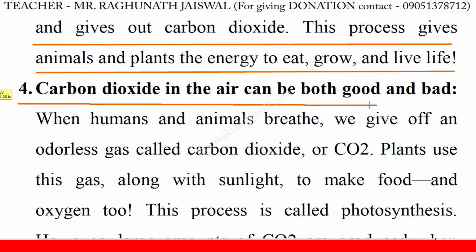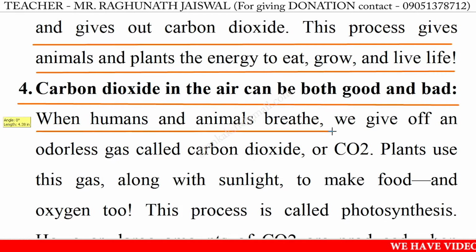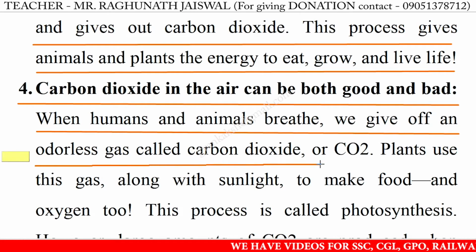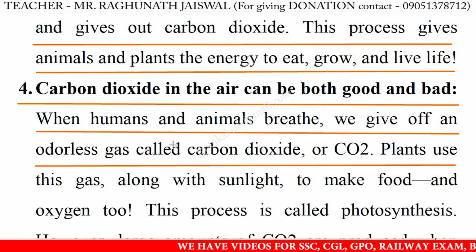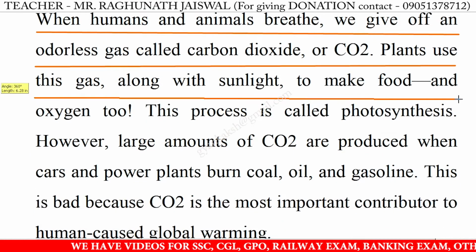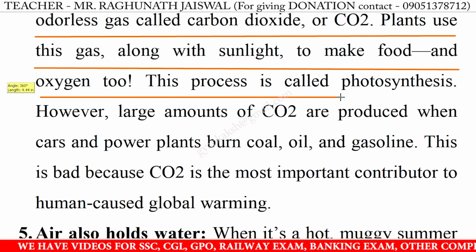4. Carbon dioxide in the air can be both good and bad. When humans and animals breathe, we give off an odorless gas called carbon dioxide or CO2. Plants use this gas along with sunlight to make food and oxygen too.